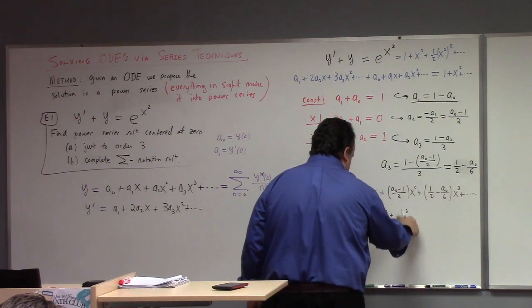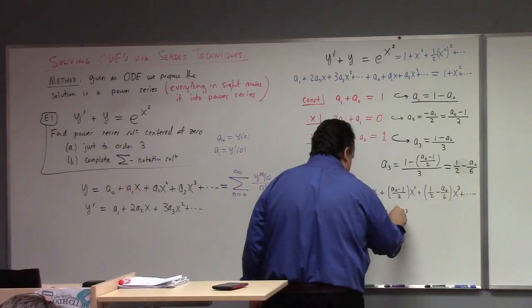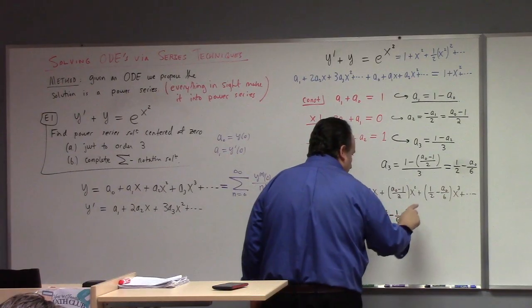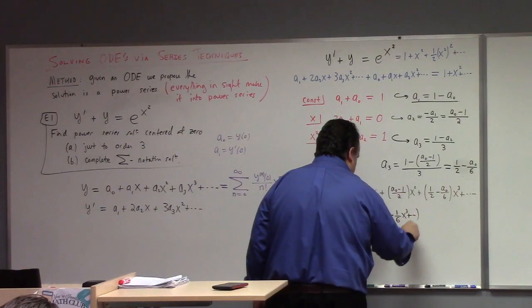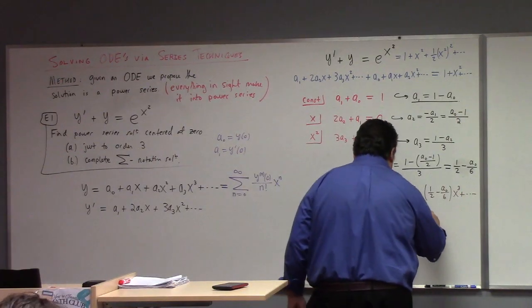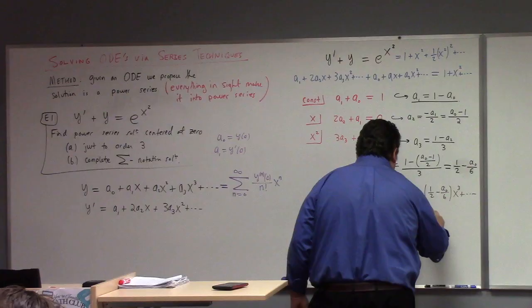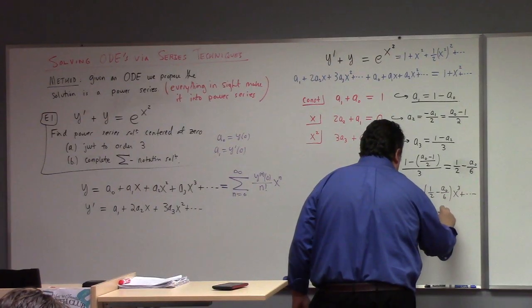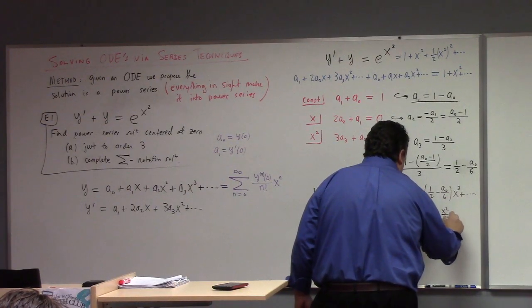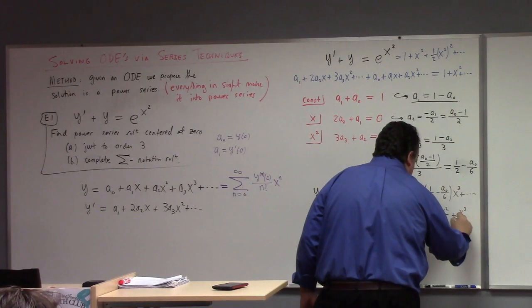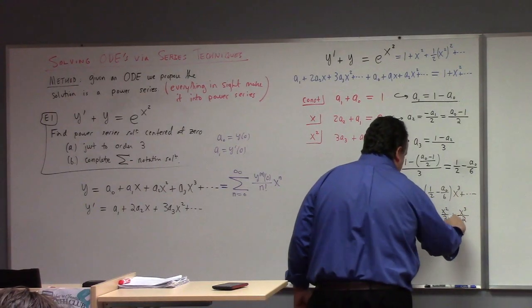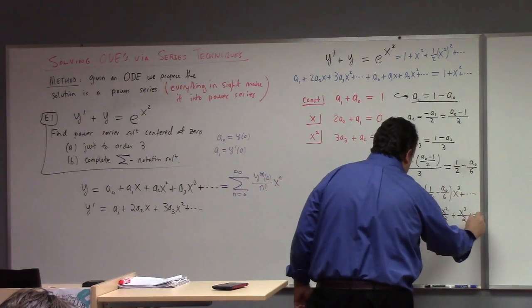Oops, minus 1/6 rather, right? Plus dot dot dot. And then I've got, plus x minus x squared over 2 plus x cubed over 3. Oh, excuse me, over 2 rather. Plus higher order stuff, okay?